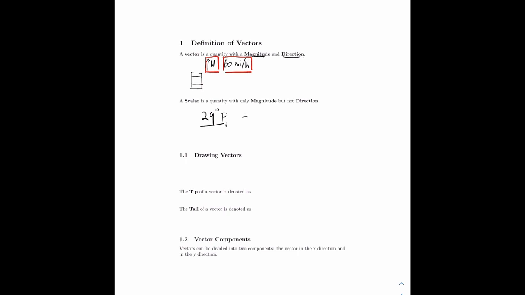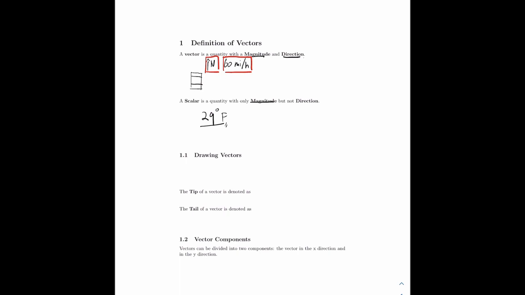Obviously, there is a positive and negative, but we can also say that is just a magnitude because it's how big the temperature is, right? So the temperature is a scalar because it doesn't have a direction that it's pointing to or going to. Whereas the movement of your car is denoted as a vector because it has a magnitude and also a direction that the car is moving towards.